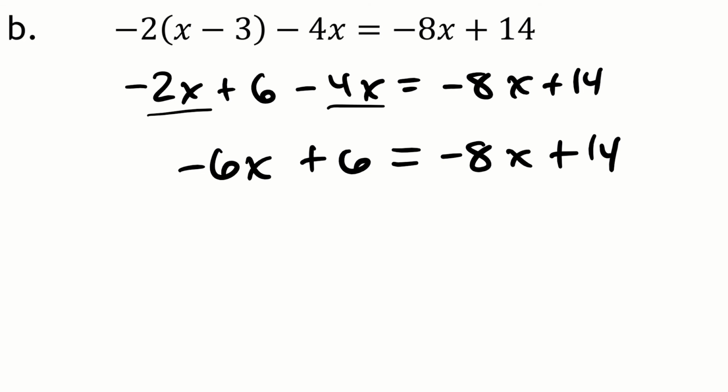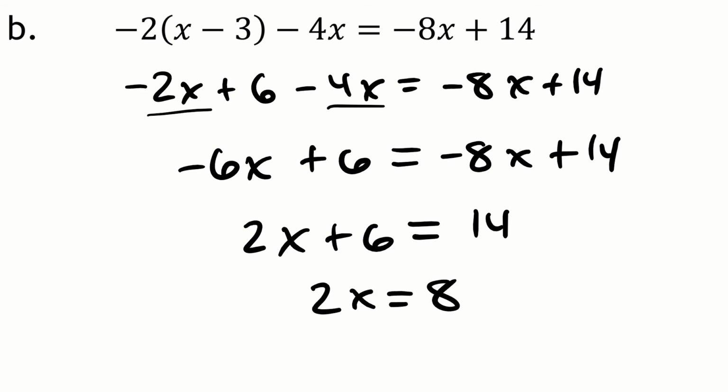If I add 8x to both sides, this becomes negative 6x plus 8x, which is 2x plus 6. And over here, if I add 8x, it's just going to be 14. Taking away 6 from both sides gives me 8. So 2x is 8, divided by 2, x is the number 4.